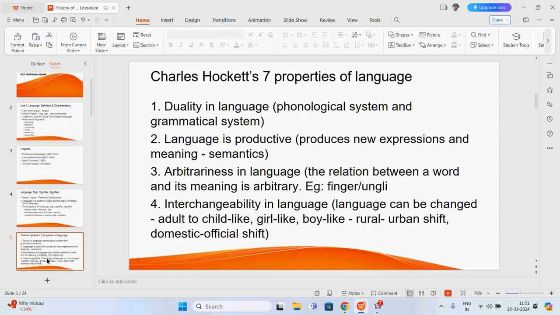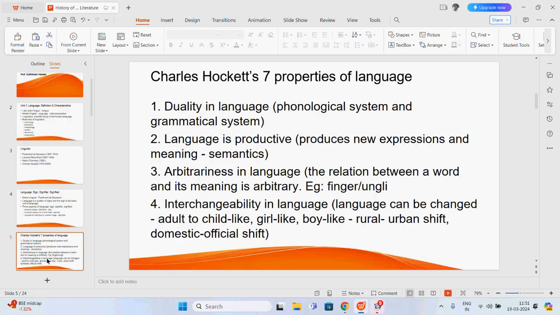Then there may be interchangeability in language depending upon whether a person is from the rural region or from the urban region. Very often, in your own mother tongue, whether it is Hindi, Urdu, or any other language, you might be noticing the difference between the Dehati way of speaking and the city way of speaking. So how English is spoken in a city may vary from how English is spoken in a small town.